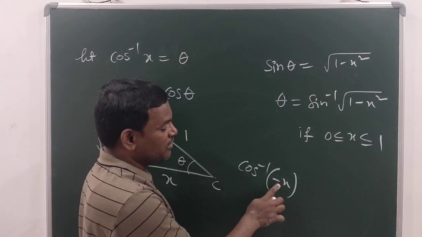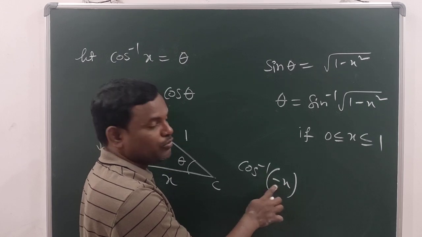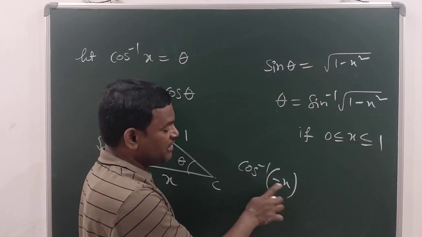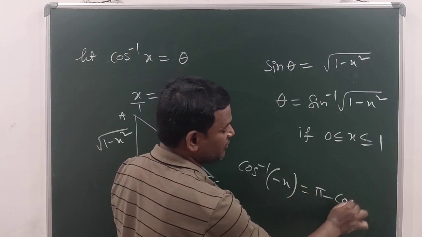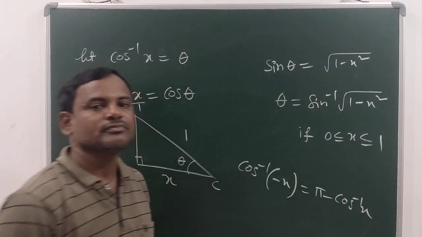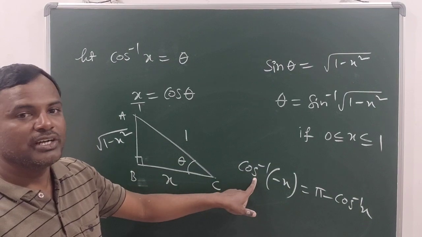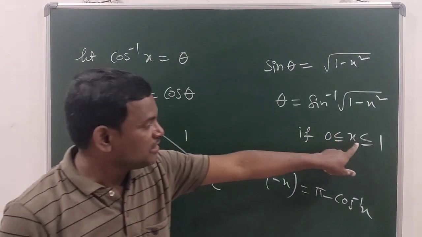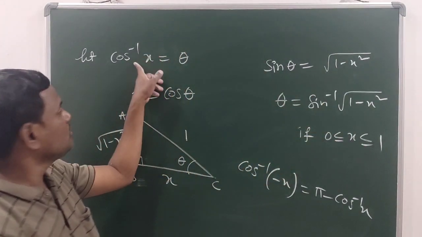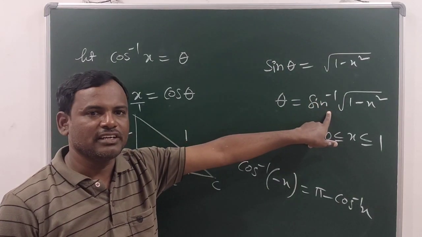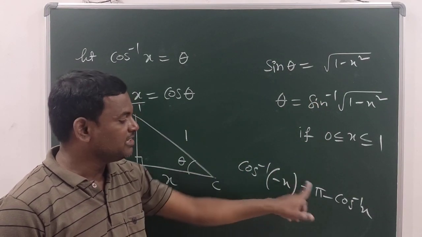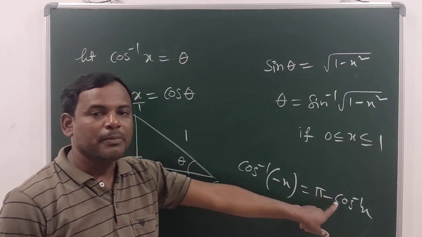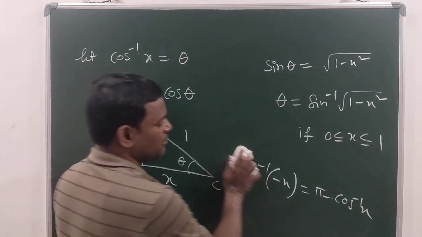Cos inverse of minus 1 to 1 only. So if it is negative, now this can be written as pi minus cos inverse of x. Am I right? Students, so if x is 0 to 1, then cos inverse of x equal this much we will get. Suppose whichever is placed here, if it is negative, then this has to be written pi minus cos inverse of x. Okay?